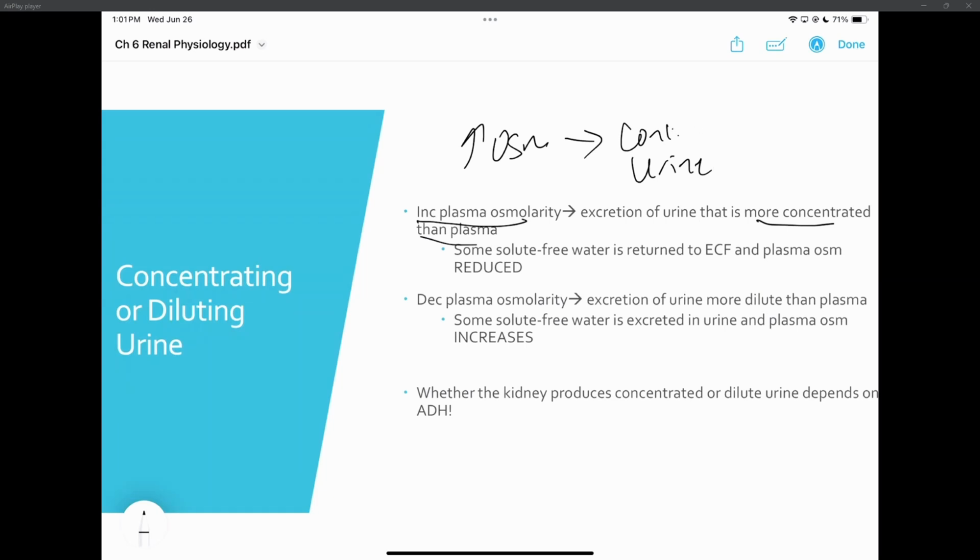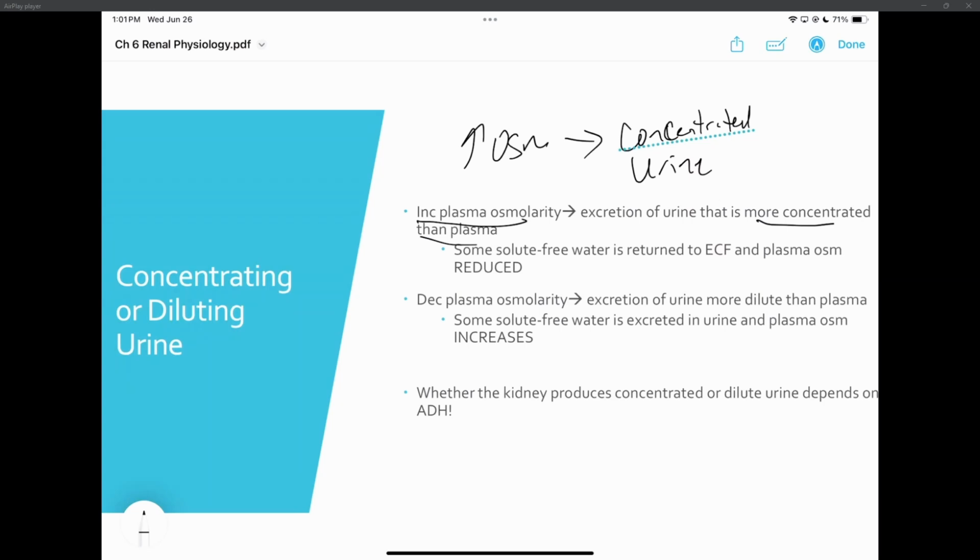Why do we have a concentrated urine? What are we doing to the volume of that urine? What are we doing with the water? We're pulling it out because it's got to go in the body because our body says we don't have enough water. So we're going to make concentrated urine, pull the water out of the urine, keep it in the body where we need it because we need to lower that osmolarity.